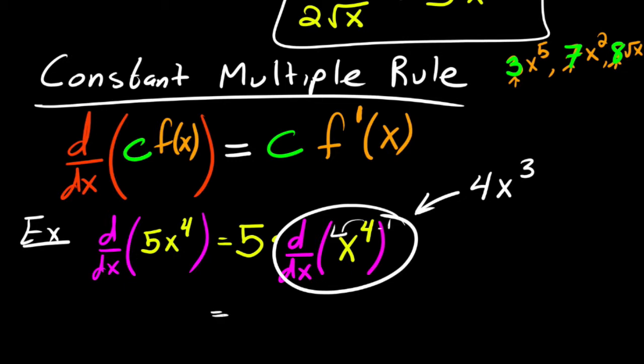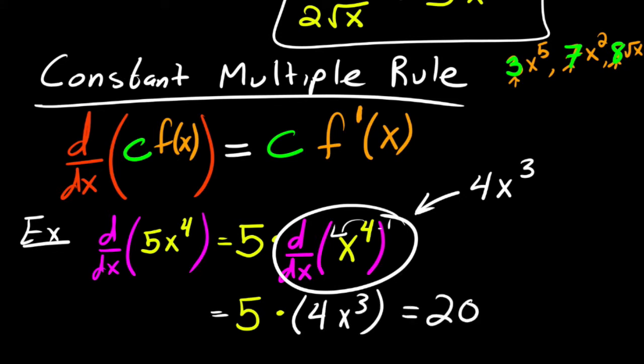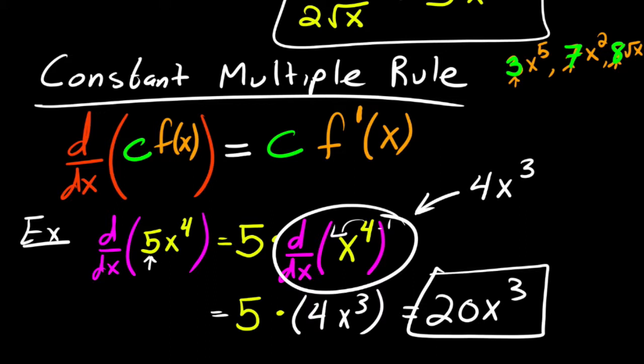So what I get then is this is equal to 5 times 4x to the third, which is simply equal to 20x to the third. Okay, now, a simpler way of looking at this is you don't have to do all of these steps. And remember, this only works if this guy is a constant. It doesn't work with the product of two functions. We have a different situation for that later.